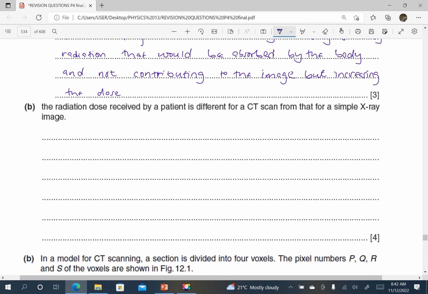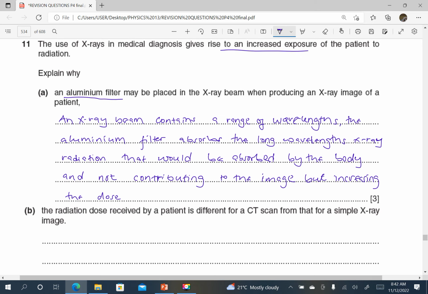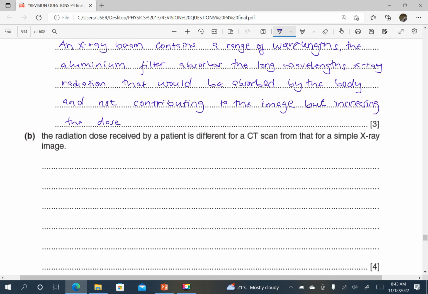The radiation dose received by a patient is different for a CT scan from that for a simple X-ray image. That is very true. We want to explain why. Remember, an ordinary simple X-ray image involves a single exposure.